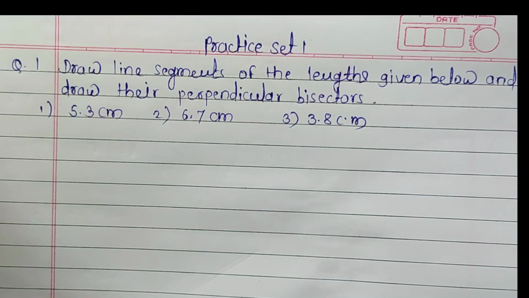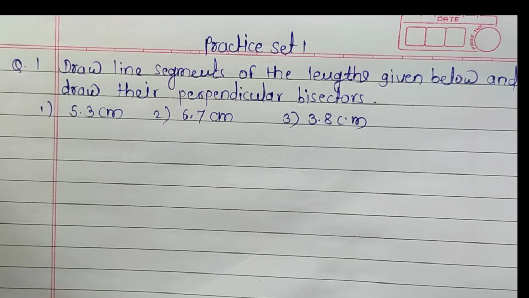In last standard, we learned how to draw a perpendicular bisector for a segment and for a line. Here we are going to use those steps to draw the perpendicular bisectors for the given line segments.